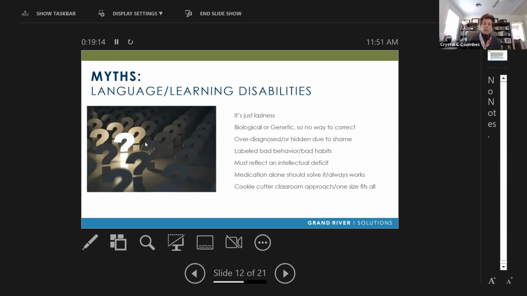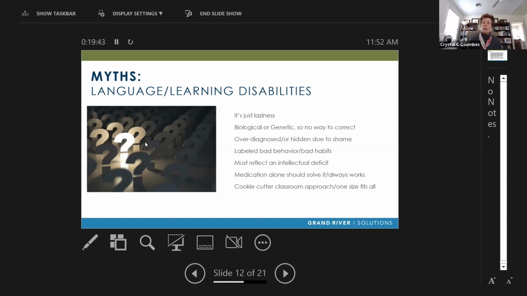Sometimes the myth is that it's overdiagnosed. Sometimes it's hidden due to shame, okay? Sometimes the myth is it's just bad behavior, bad habits. Again, we talked about this before about an intellectual deficit. Certainly a student with Down syndrome who has an intellectual disability could also have a language or learning disability.